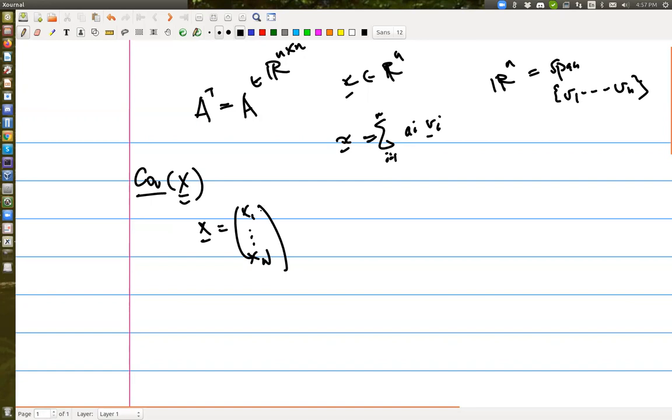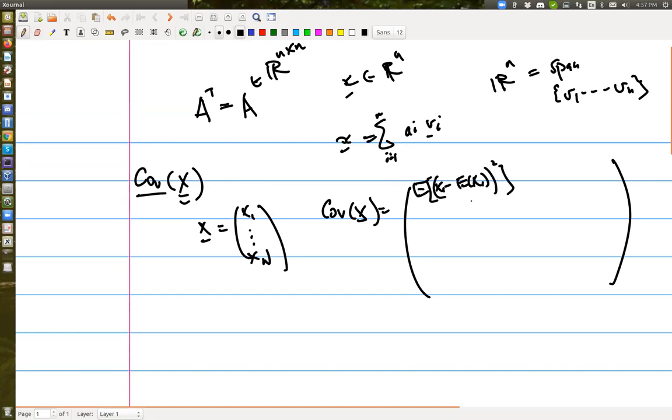Now, the covariance matrix of x is basically the matrix of the covariance of each of the coefficients. For example, the diagonal element would be x1 minus the mean of x1, the expectation of x1.